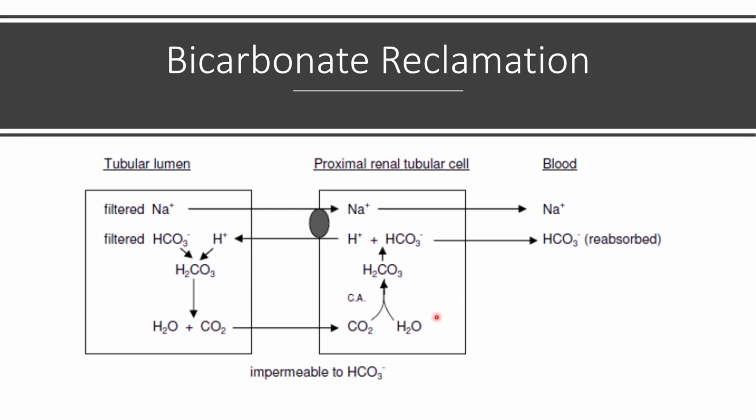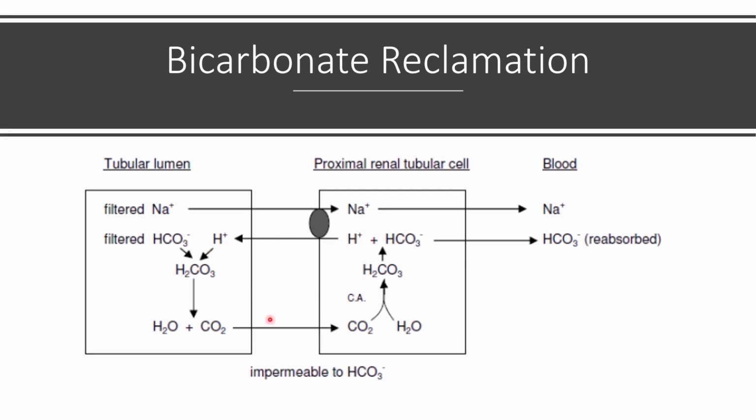And you will notice that there is really no change in the amount of hydrogen ion because this hydrogen ion that was exchanged comes back here and is also secreted. So the hydrogen ion just keeps going back and forth. There is no additional hydrogen ion being generated, and no additional hydrogen ion being lost by the body.